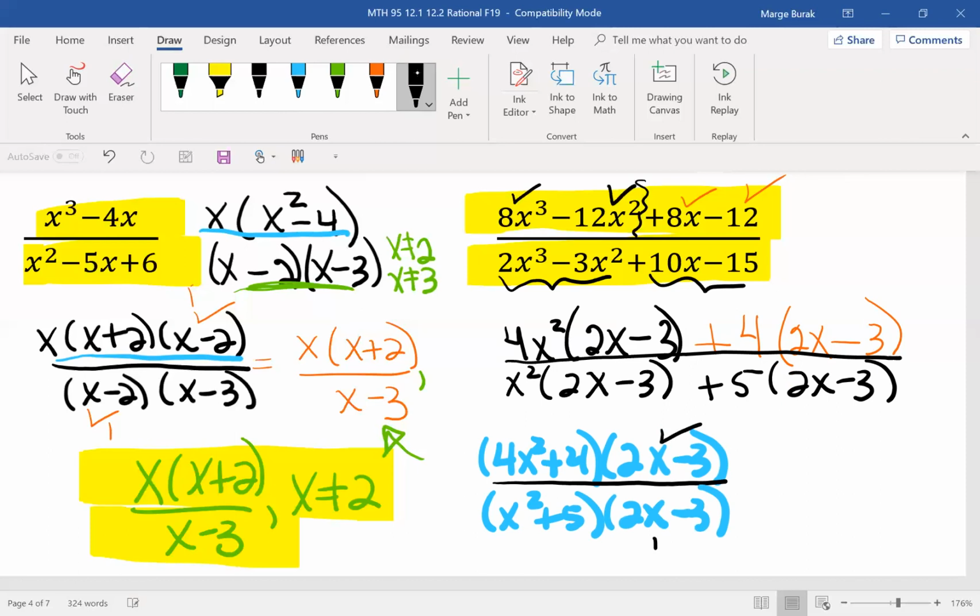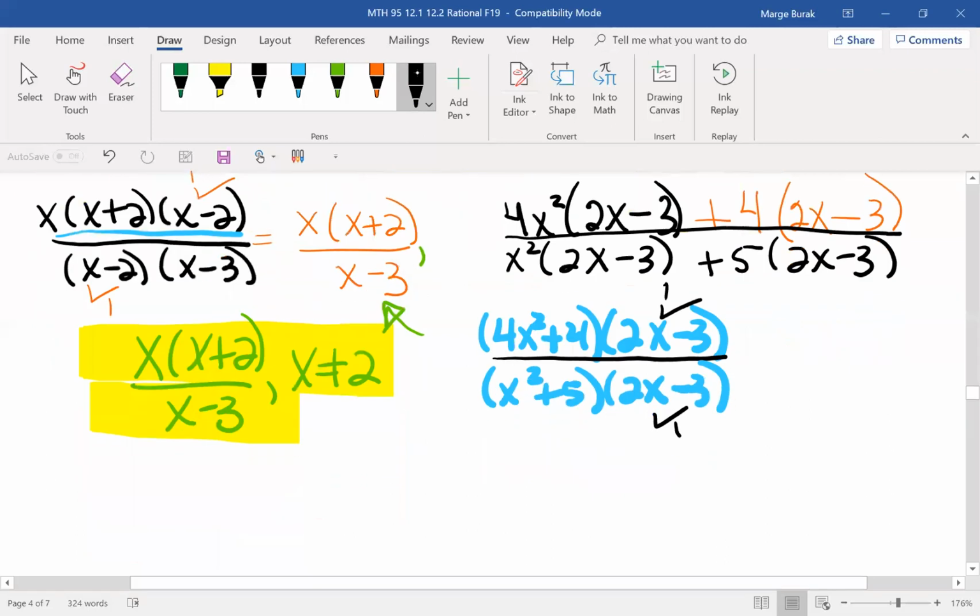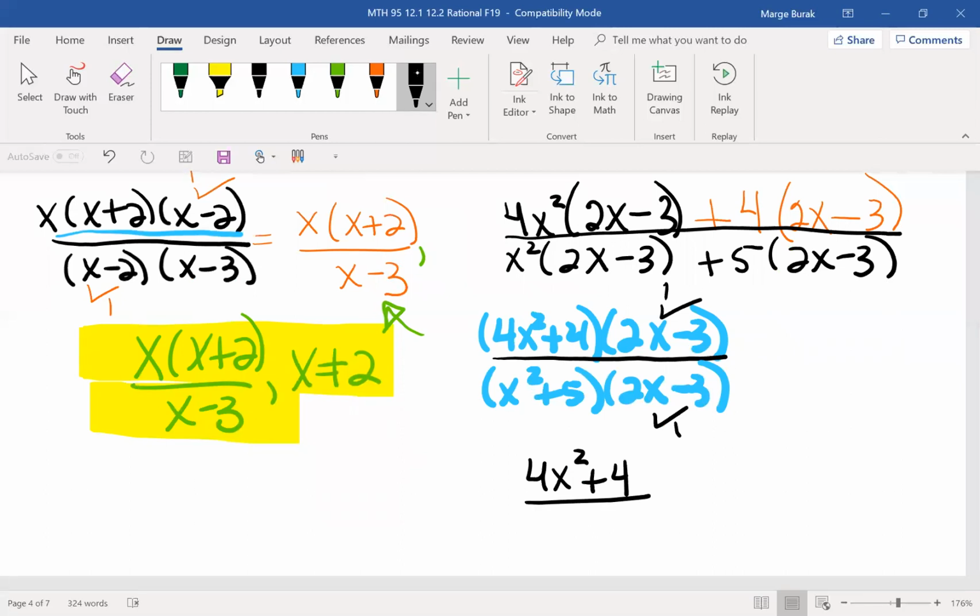We can see that we can cancel these 2 to 1s. That means when I cancel it that I have to list that as a domain restriction. And what it looks like I'm left with is 4x squared plus 4, which could be factored with the 4, but not necessary because there's nothing to cancel with it. Okay, but I do need to know 2x minus 3 cannot equal 0.